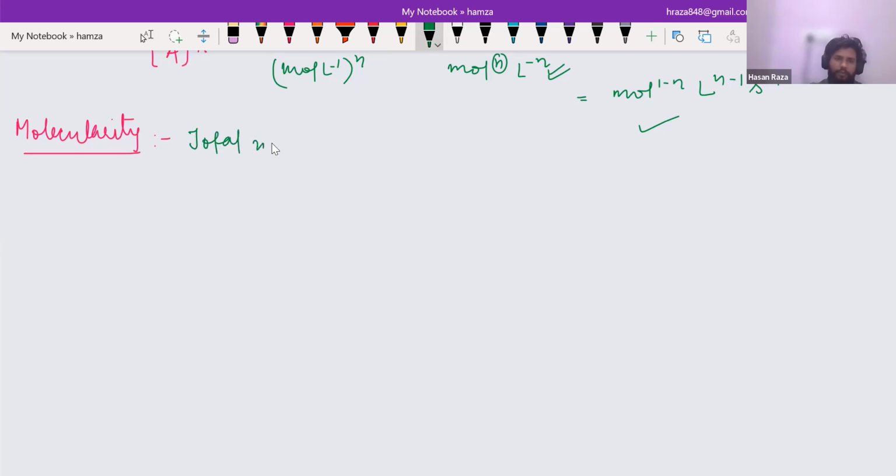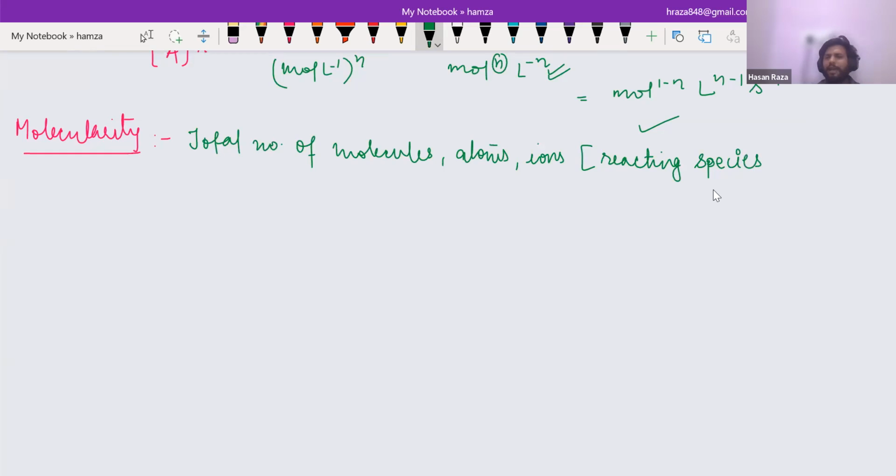Total number of either molecules, atoms, or ions, or we can write basically the reacting species in a reaction. Species stands for all these atoms, ions, molecules participating in a chemical reaction.